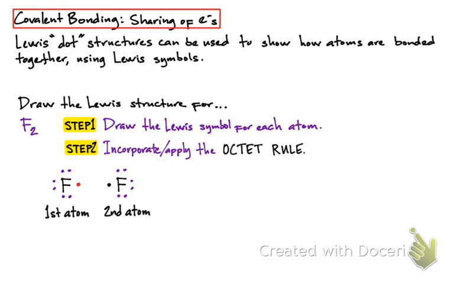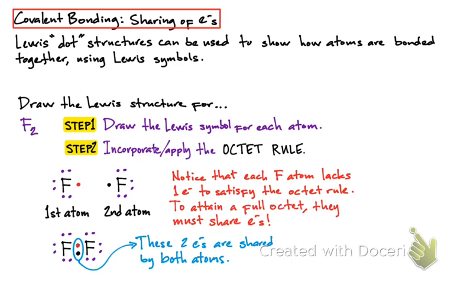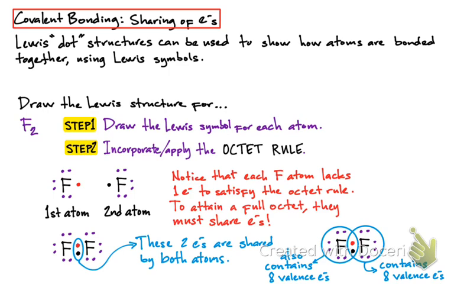Notice that each fluorine atom lacks an electron to complete its octet. By sharing 2 electrons, both fluorine atoms are now stabilized, forming a covalent bond. As you can see, both fluorine atoms now possess a total of 8 valence electrons.